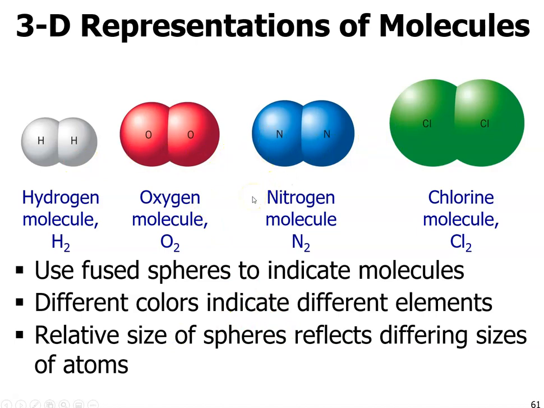And again, we looked at that periodic table trends worksheet. That is giving you the idea of why we have different shells and they have different sizes, and those are reflected in these 3D representations.